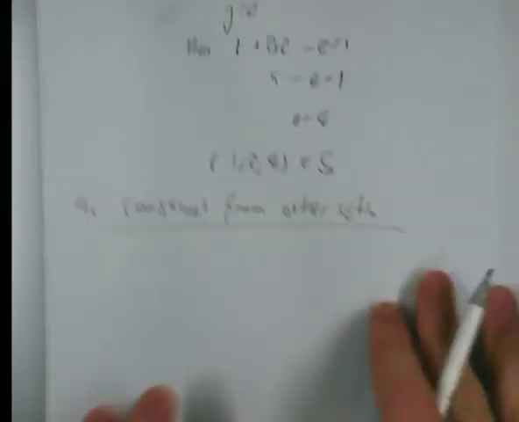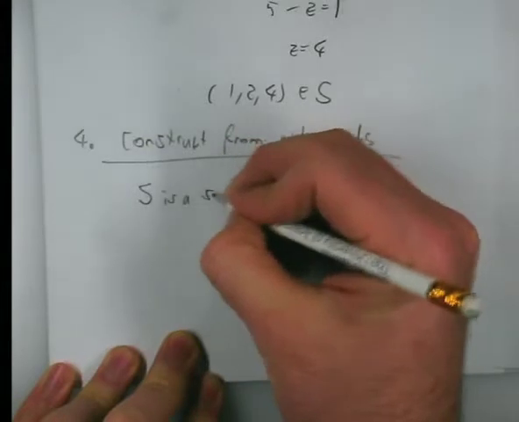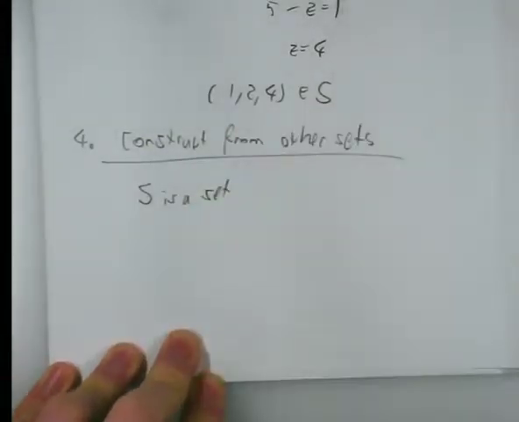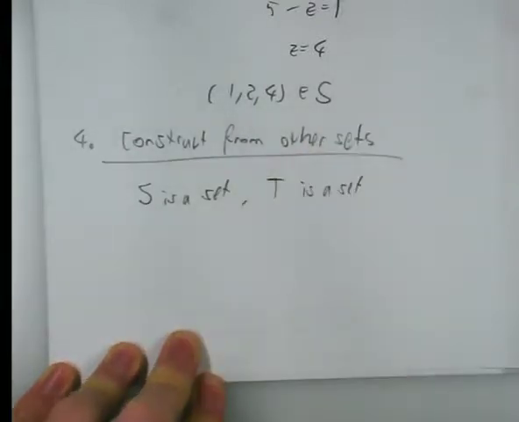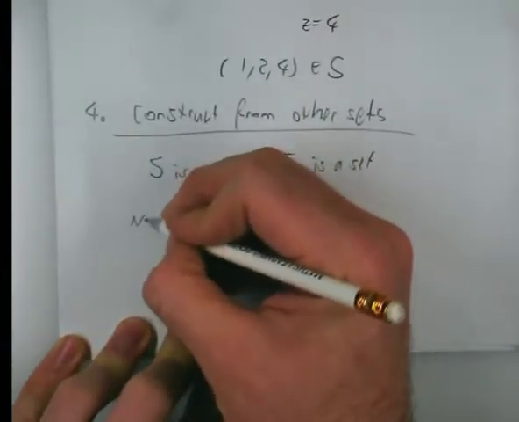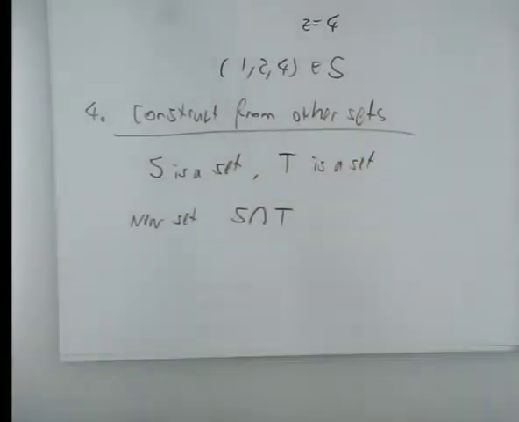You can construct sets from other sets, so I could always say S is a set which has its own rule, whatever it is, and T is a set which has its own rule, and then I could create a new set, S intersection T, for example.